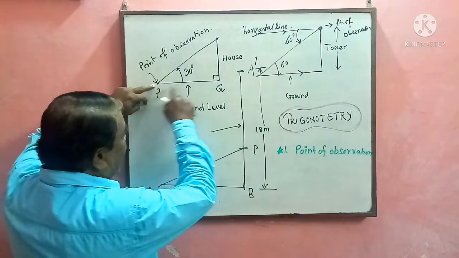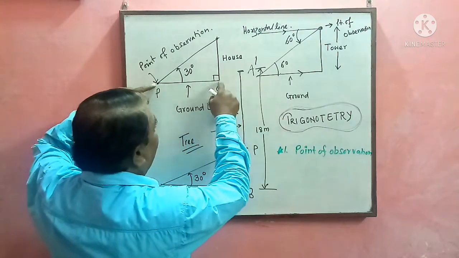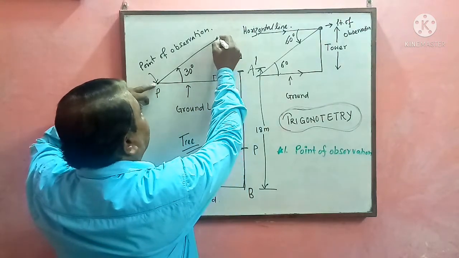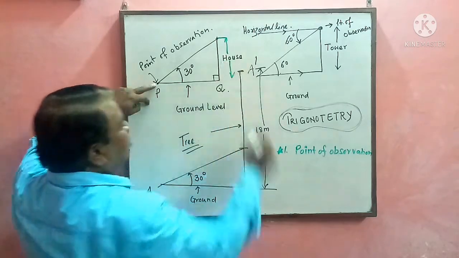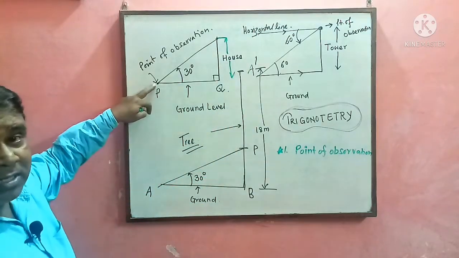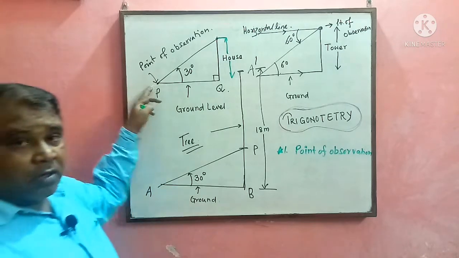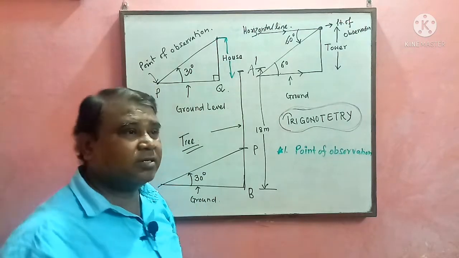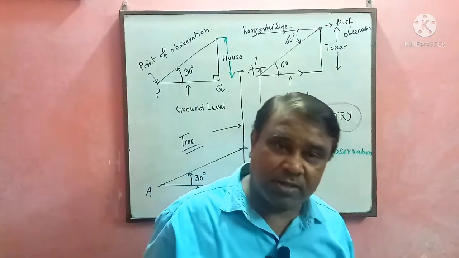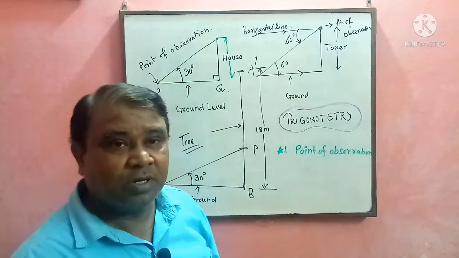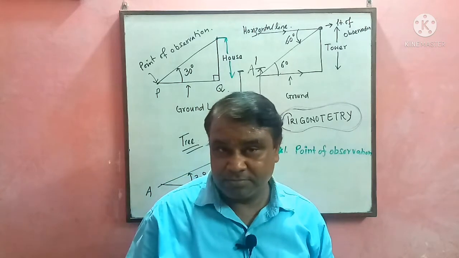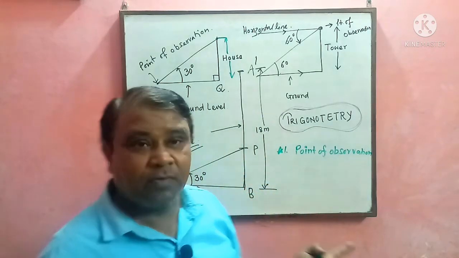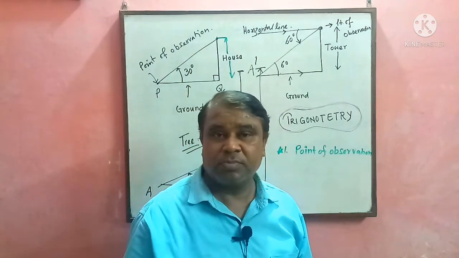If we are seeing an object higher than this point, lying higher than this house, maybe it is a house or a tower, first of all, you have to consider that anything which is standing on the ground will always make a right angle, and without a right angle we cannot use trigonometry.